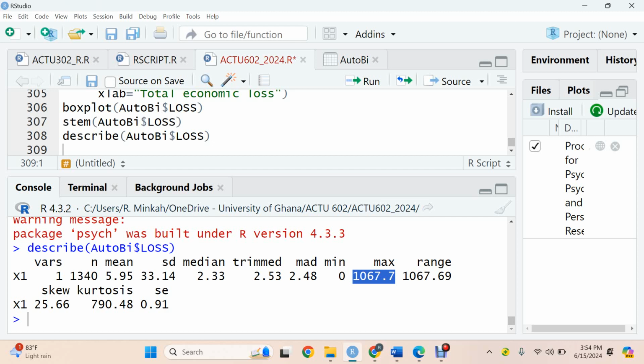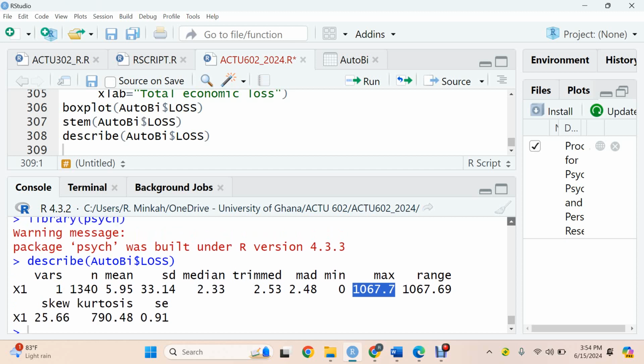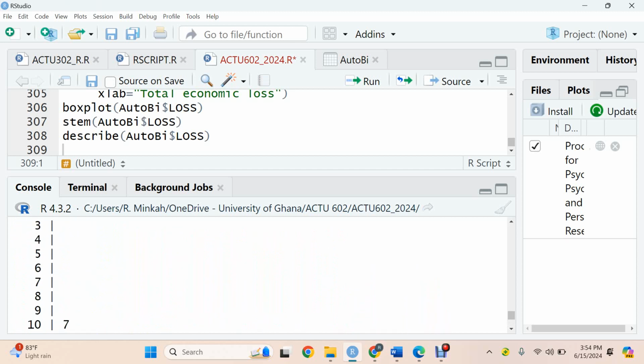But if I give you a histogram and you don't know the real data, you can't tell me what they are. All you know is that within this range, this is the number of people. But you cannot tell us the actual losses. But in the stem and leaf, even though it's approximation, you can see actually what it is. So when I was here, I was able to say that the largest value is 1 million and 700,000. Something like that.